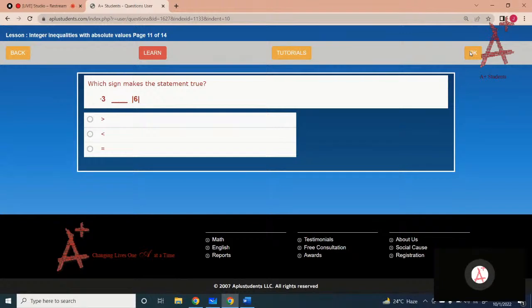Okay, which sign makes the statement true? Negative 3 and absolute value of 6. So the absolute value of 6 is 6. So negative 3 is less than 6. Got it?